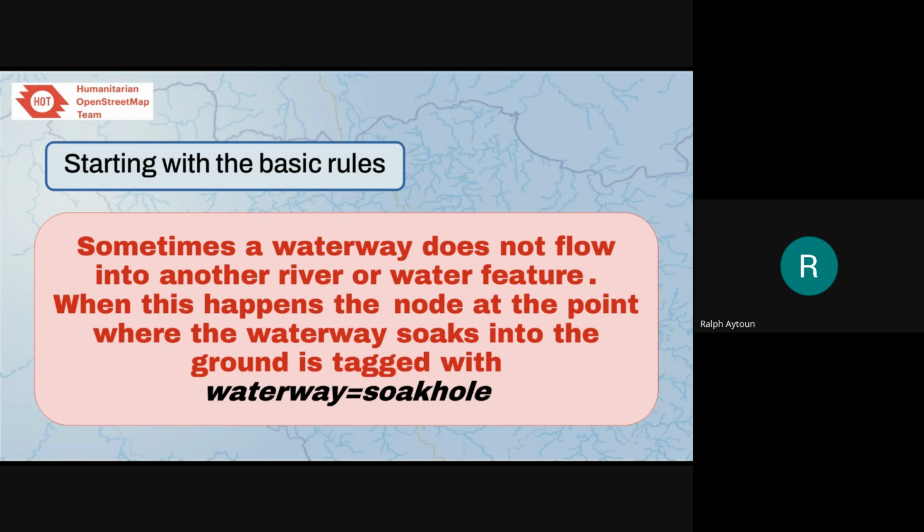Now that is not appearing on some of the documentation, but this has been approved, and that is the way that you would end it if it can't continue anymore. So waterway equals soak hole, where a waterway dissipates into the sand or wetland.